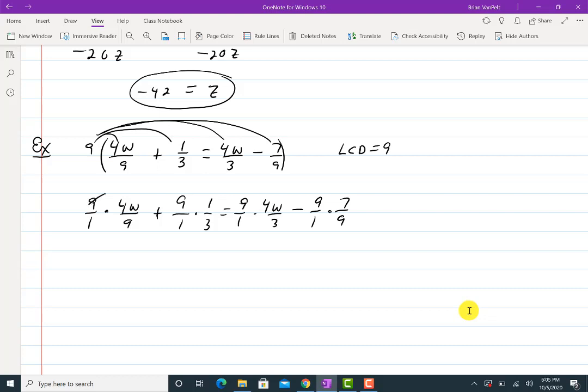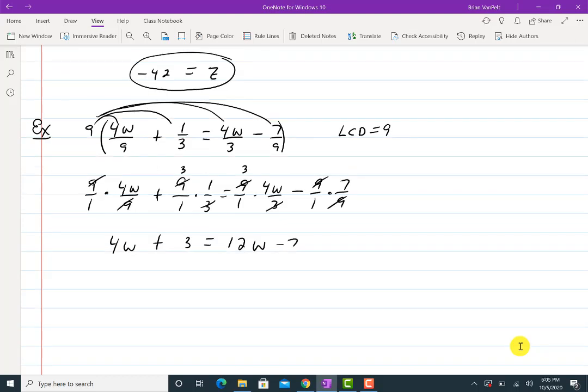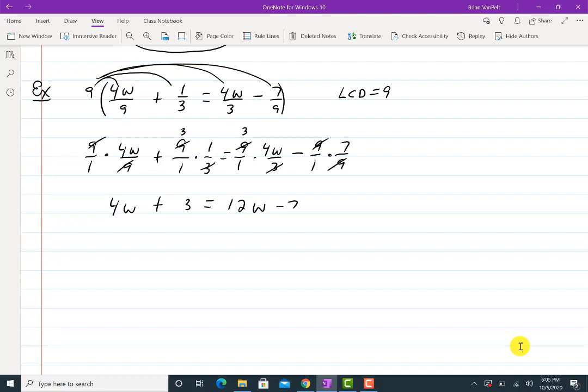So I can cancel the 9's and get a 4w for the first part. 3 goes into 9 3 times, so I get 4w plus 3 on the left. On the right, 3 goes into 9 3 times, so I get 12w. And finally, those 9's cancel, minus 7. I always try to get the letter by itself on one side. So I am going to, I guess, subtract 4w.